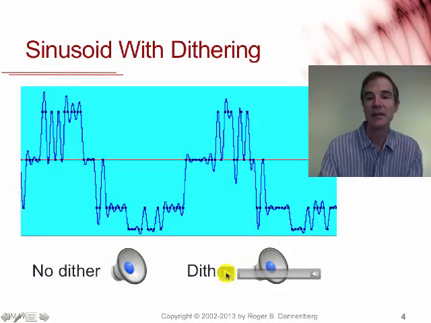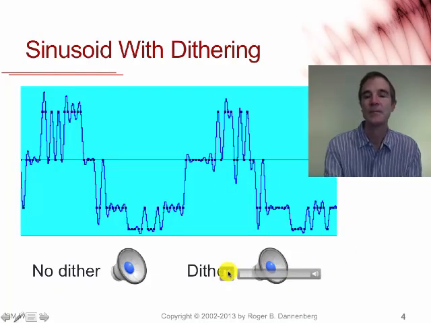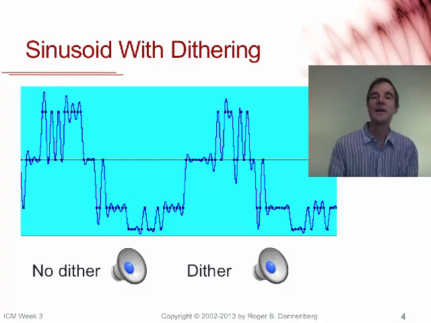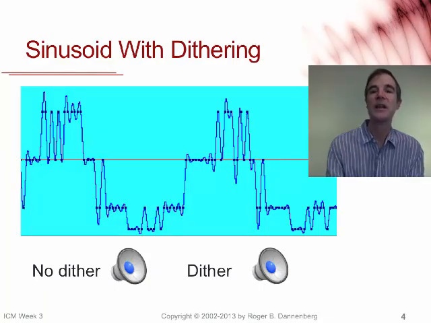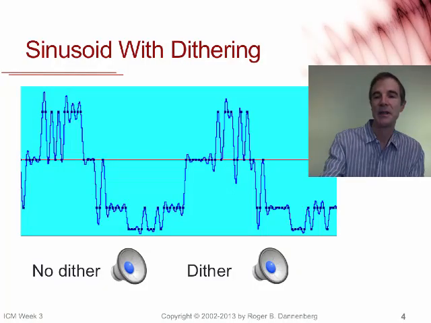Now here we've added dither, and you should hear noise, but it'll sound much more like a sine wave. Now again, these are extreme examples with only a few bits of quantization to make the effects really pronounced. In practice, the noise that you add in dithering should be inaudible or close to it.